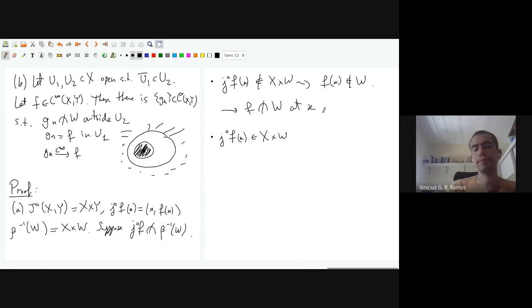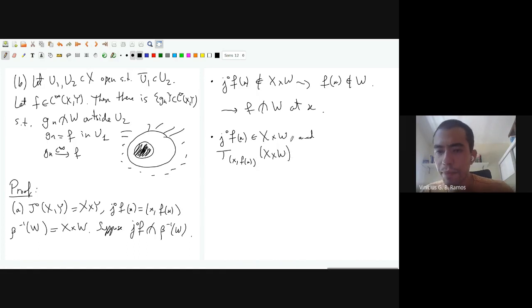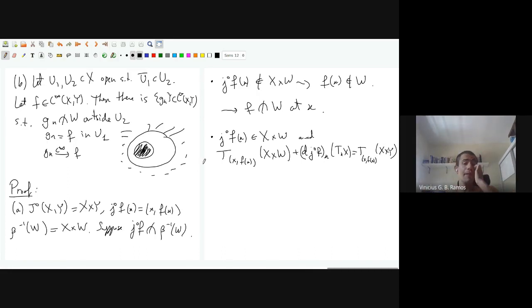Okay, great. And now, if the zero jet of f is in this, and we have the transversality condition, that means that when you look at the tangent space of X times W plus the derivative of J0 of f at x of T_xX, that will give you the whole tangent space of X times Y. Okay, so you see, this is not completely obvious.